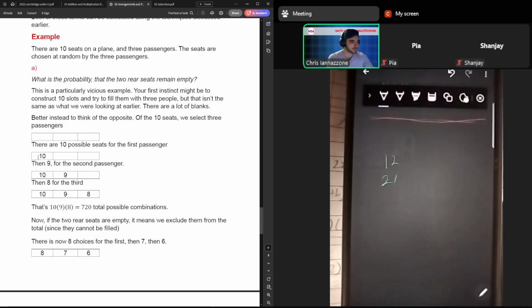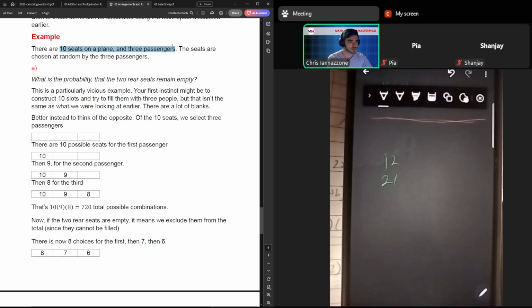So if you think about 3 passengers, passenger 1 has 10 possible spots they could go. Then because passenger 1 has chosen a spot, there's now 9 for the second and then 8 for the third. And so you're going to get back to that 10 by 9 by 8 again. So that's an interesting take on the question, I found.